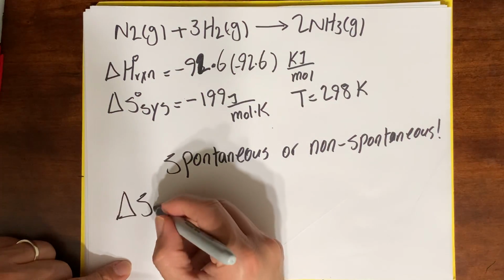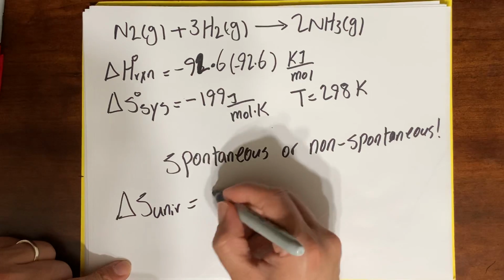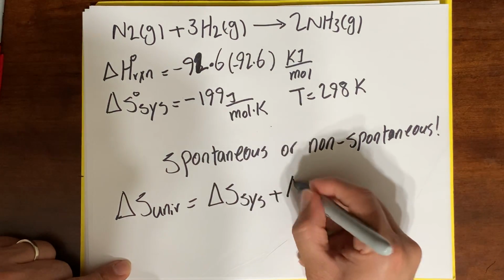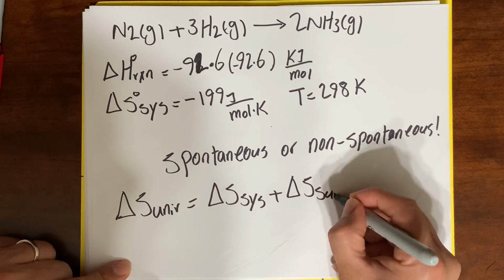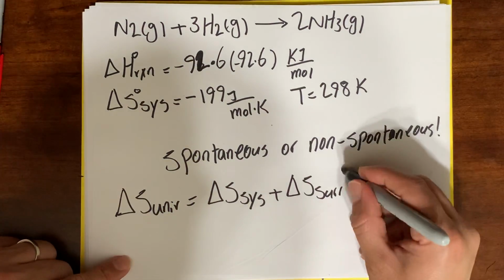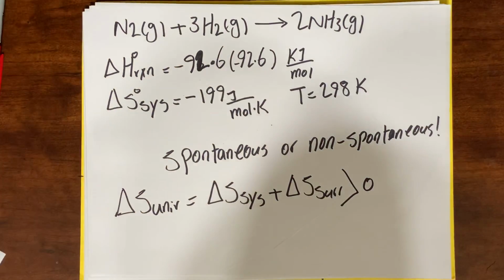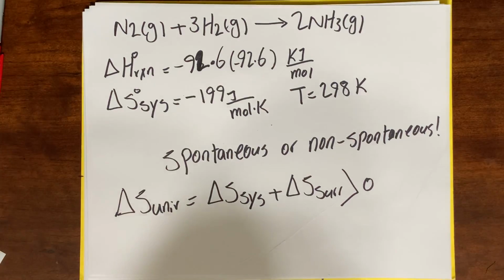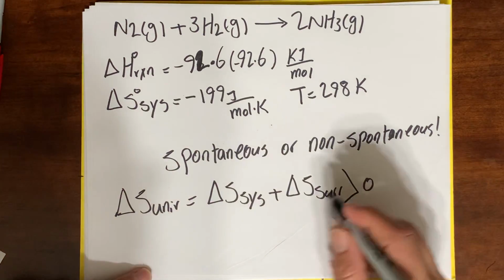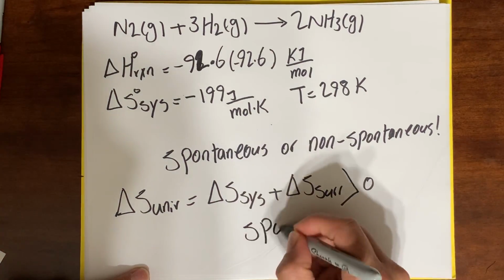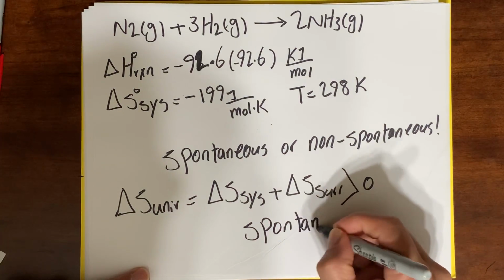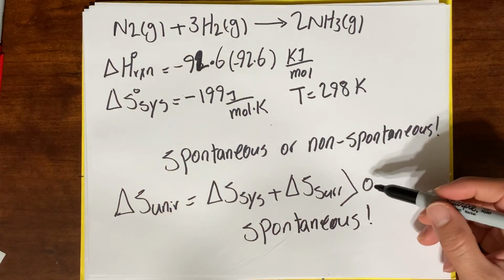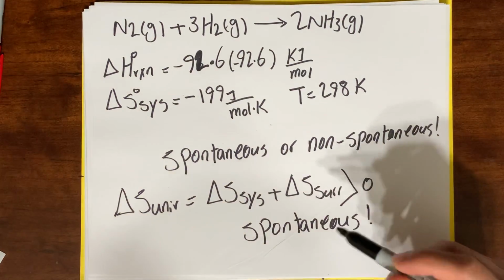Delta S for the universe will be equal to delta S of the system plus delta S of the surroundings. This must be a positive number based on the second law of thermodynamics, and then it will be spontaneous. So it has to be positive, then the reaction will be spontaneous.